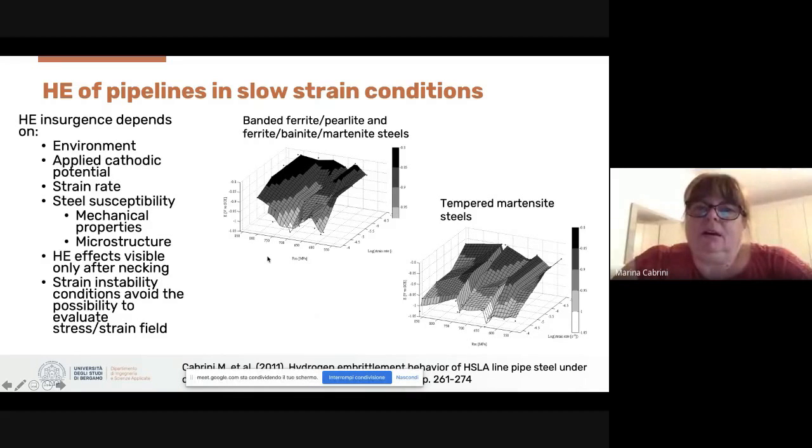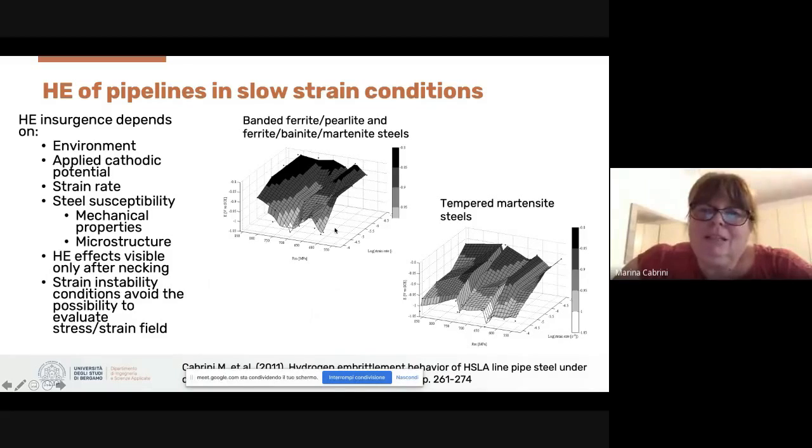The increase of susceptibility to hydrogen embrittlement with the tensile strength is observed only when, in the steels, there is accelerated cooling that introduces not-tempered martensite, which are hard zones that are more susceptible to hydrogen embrittlement than ferrite-pearlite.